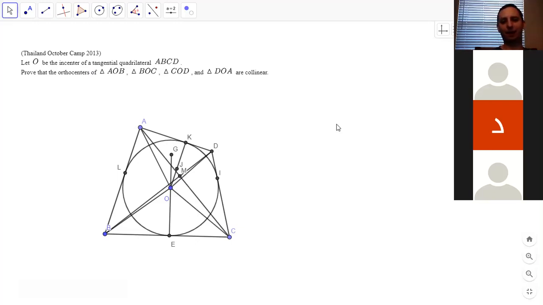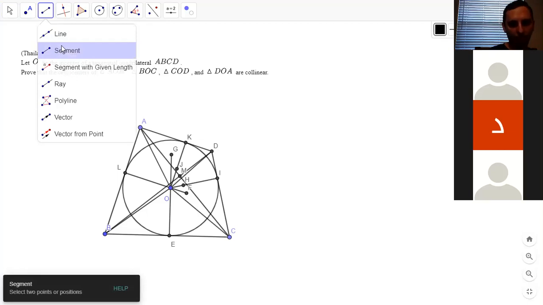So yeah, it's not enough, I guess. And also check that these 5 points are collinear, because I'm not sure if M is on the line. Okay.